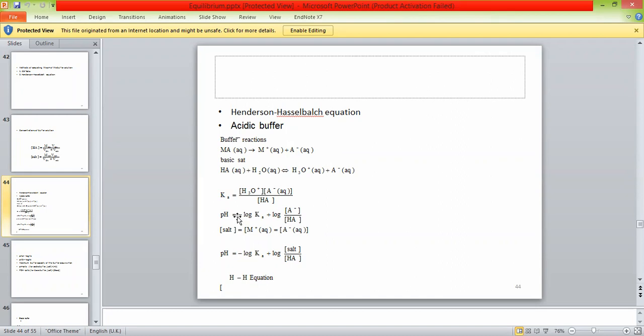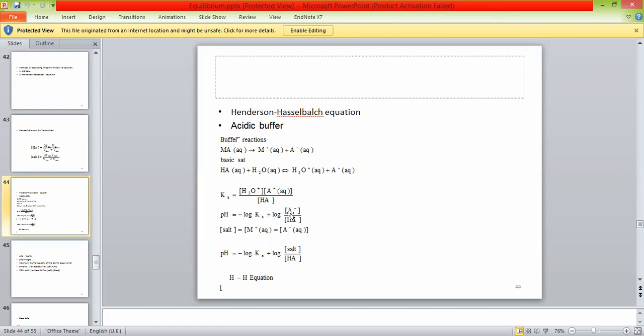So pH is equal to the negative log of Ka plus log of A, which is the conjugate base when this dissociates. So this is an acid dissociating here. The acid dissociates to this and that.